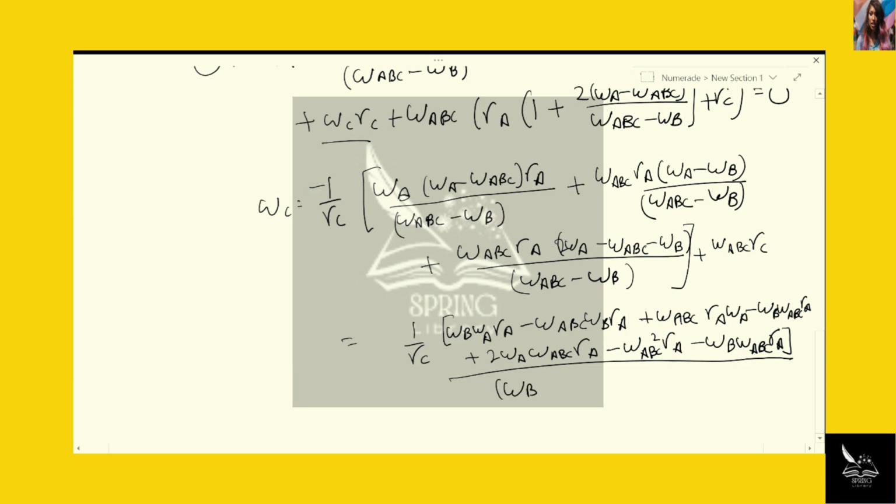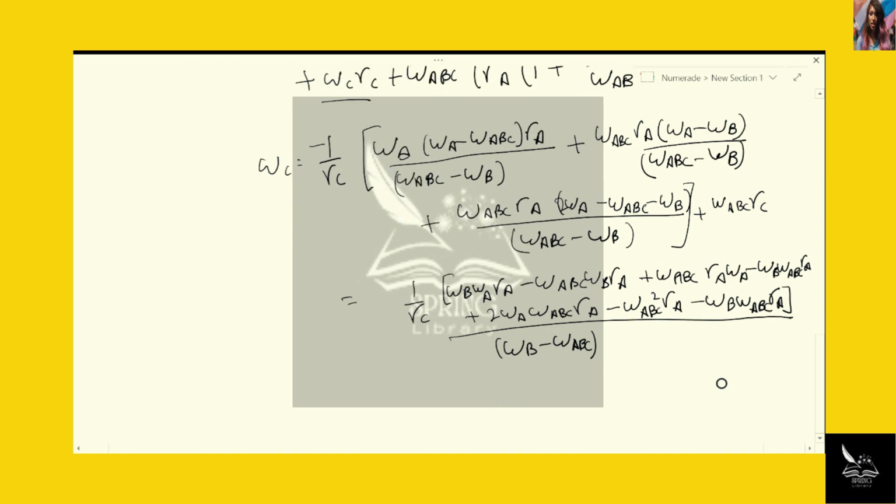So it's going to be omega B minus omega ABC, and then plus omega ABC RC.